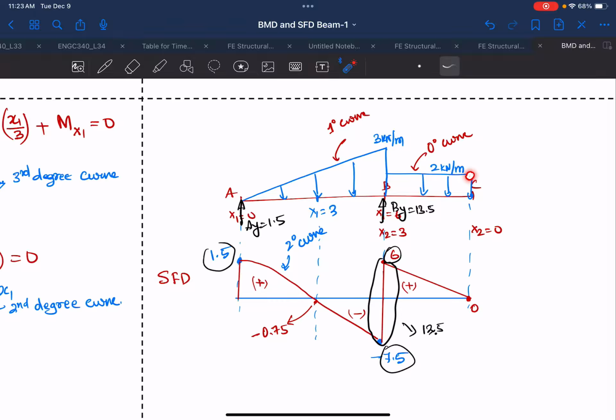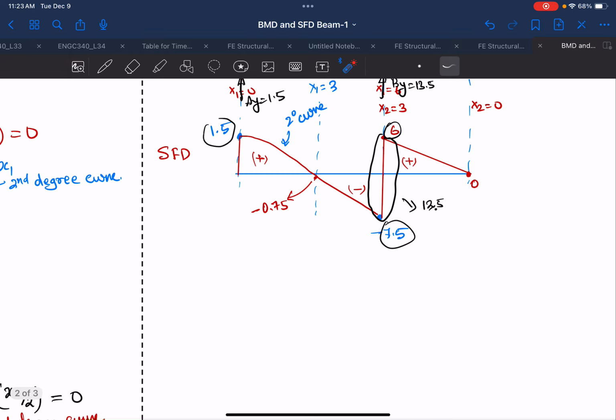The intensity of the loading here is also not equal to 0, that's why the slope is also not equal to 0. So that's how we check whether your shear force diagram is correct or not.